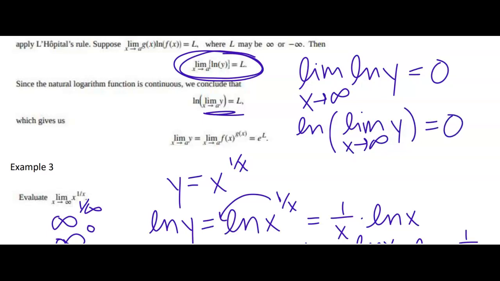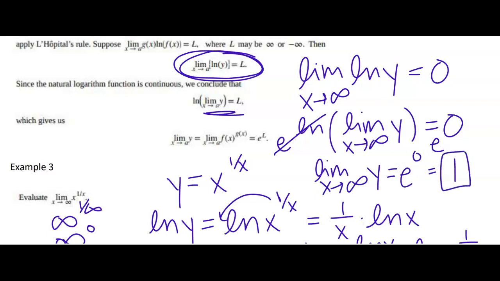Well, I undo natural log by taking e on both sides. And so I get the limit as x goes to infinity of y is e to the 0, which is 1. And so that's where this piece of that step is going to come into play. Tricky for sure, but another indeterminate form, and this is how you would solve it using that log trick here.